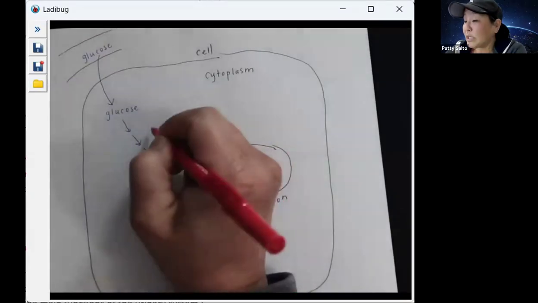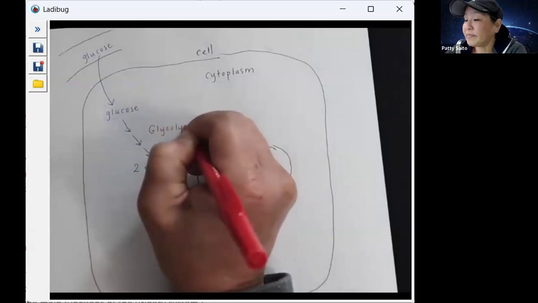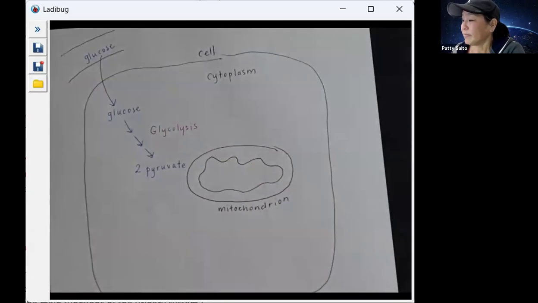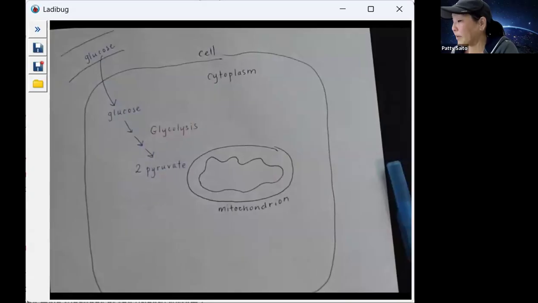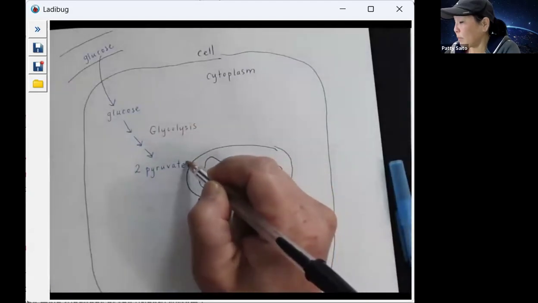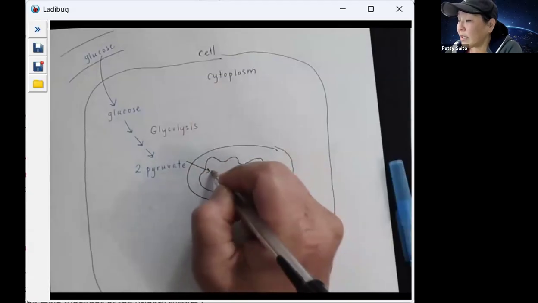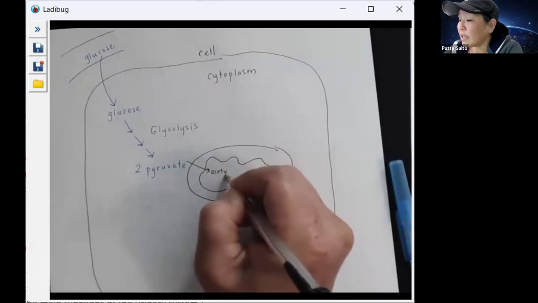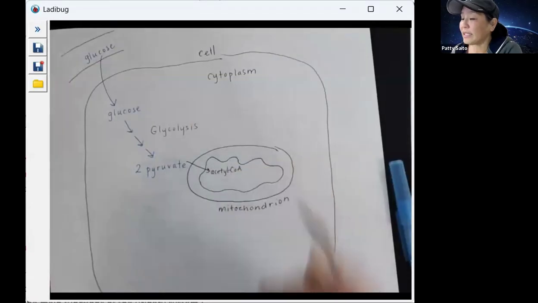So this process is called glycolysis, and it occurs in the cell cytoplasm. So we haven't even gotten into the mitochondrion. Then what happens? That pyruvate is going to undergo some reactions to form a molecule called acetyl coenzyme A, acetyl-CoA.